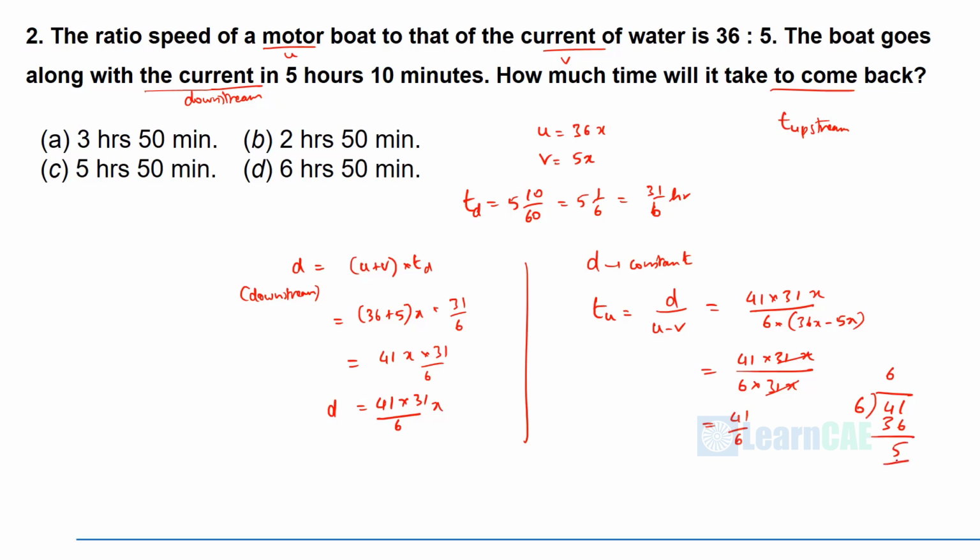So the balance will be 5. So the value will be 6 5 by 6 hours. So we can write 5 by 6 hours as 5 by 6 into 60, that is 50 minutes. So this is the time taken to travel upstream, 6 hours 50 minutes. The answer will be D.